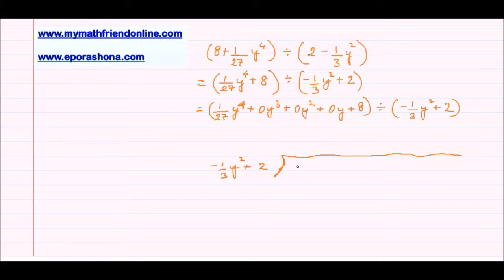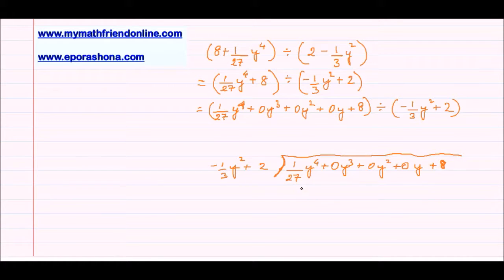And under the long division symbol, we have 1 by 27 into y to the power of 4 plus 0 into y cube plus 0 into y square plus 0 into y plus 8. This brings us to the end of step 2.